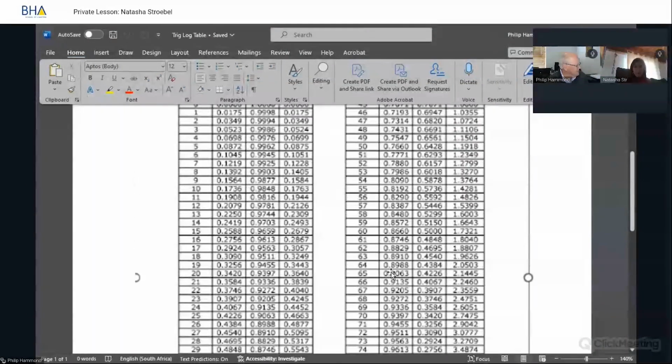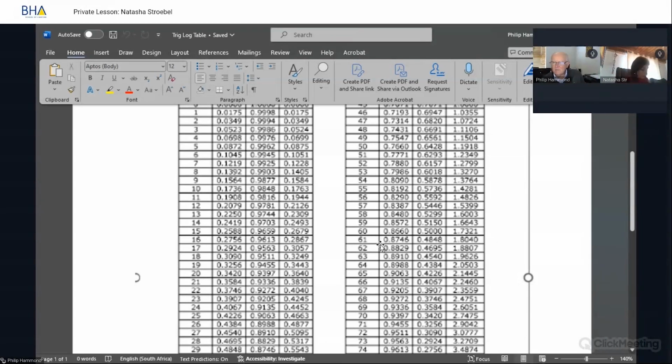And if the angle was 60 degrees, we just swing over to the other table, the other page. Where it is on that one, you look up 60 degrees, and you'd see that the cosine is 0.5. And the sine is 0.8660.